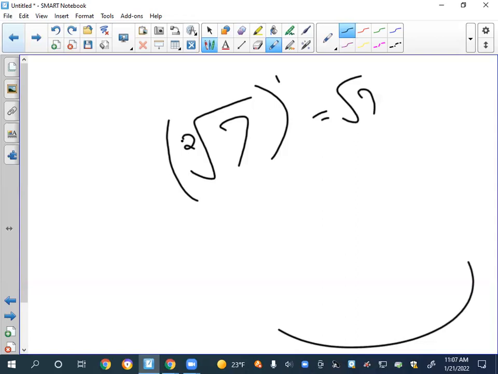Negative 2 times negative 2 is negative 4, and then negative 4 times negative 2. It's a cube root, so whatever goes into it 3 times. The 2 goes into 8, 4. And so it's negative 2 times negative 2, that's negative 4.